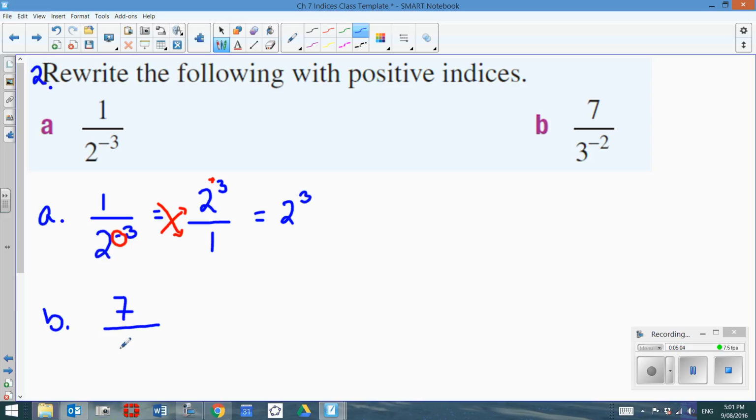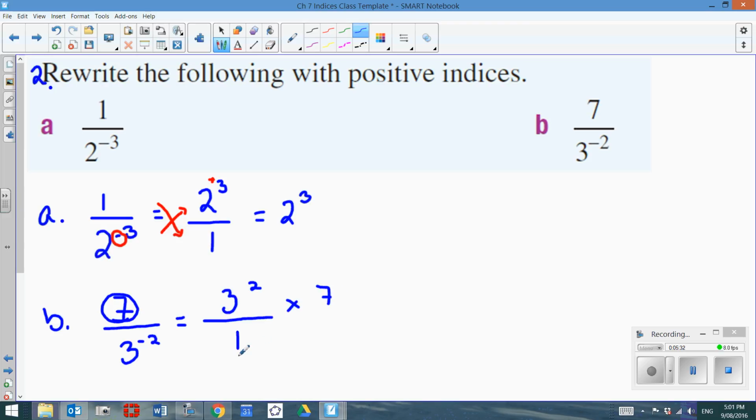And the next example, 7 divided by 3 to the negative 2. Here, the reciprocal of 3 to the negative 2 is going to be 3 squared. However, the 7 does not have a negative index, so it does not need to move. I'm going to keep the 7 in the numerator.